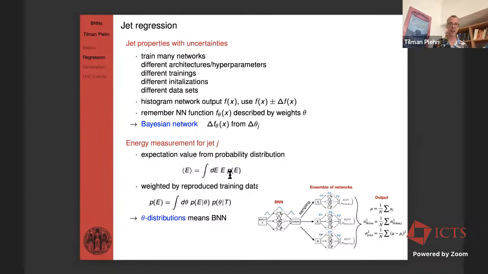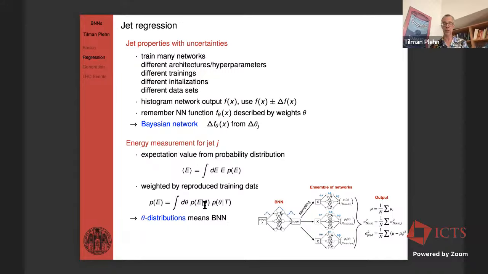Okay, and then I want my energy distribution, P of E, to be described by a neural network. And how do I do that? Well, I describe my distribution of the energy as a distribution of the energy given my network parameters times the probability of the network parameters, going back to the Neal thesis, right?